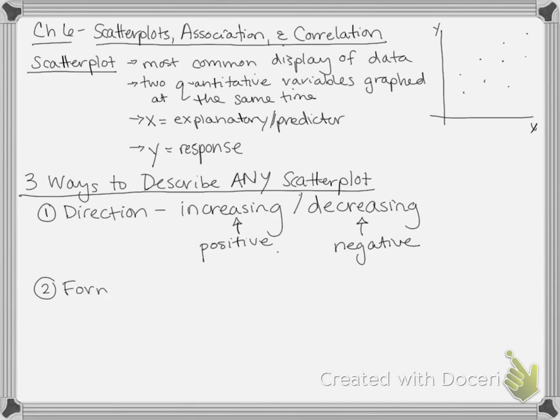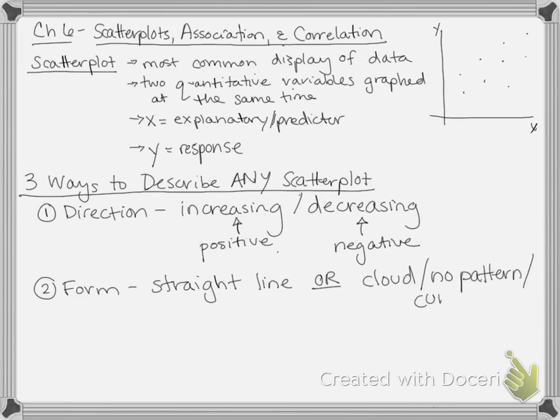The second question says, what is the form? So the form is whether or not this appears to be a straight line, right? Or a cloud of points, or a cloud, no pattern, or even a curve, right?